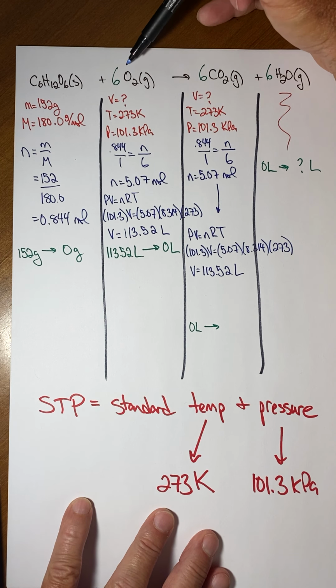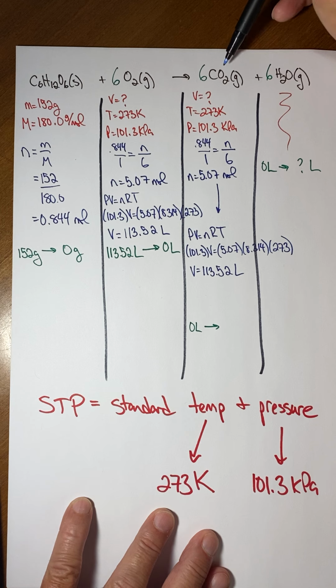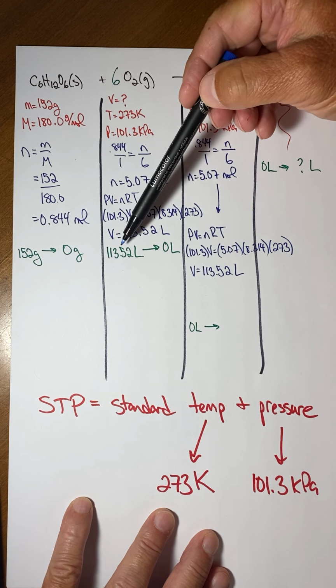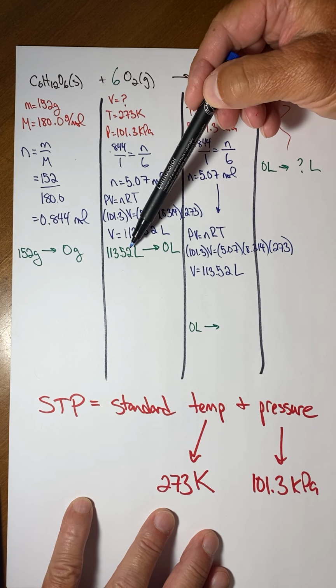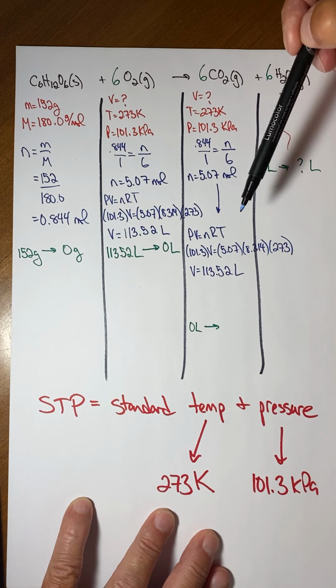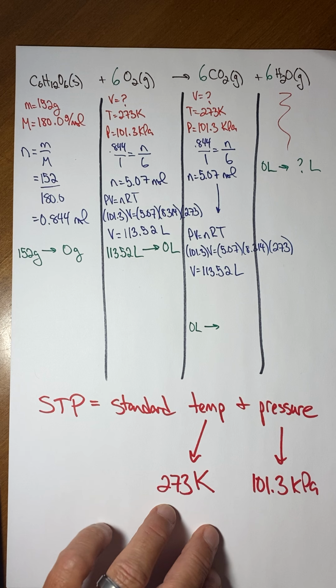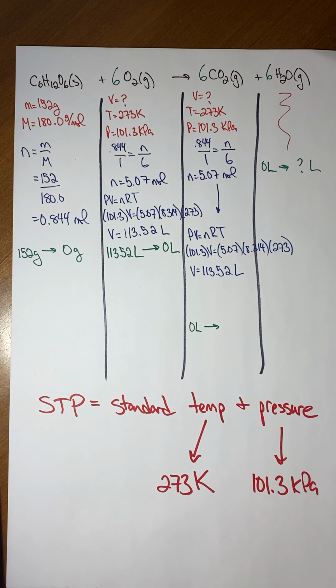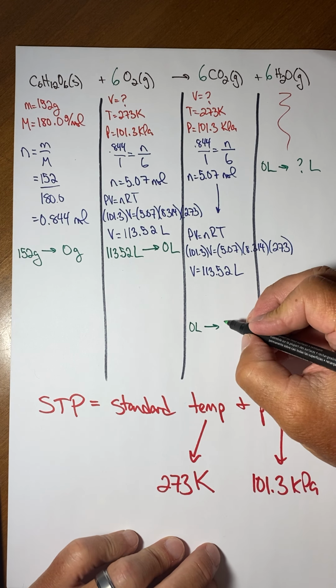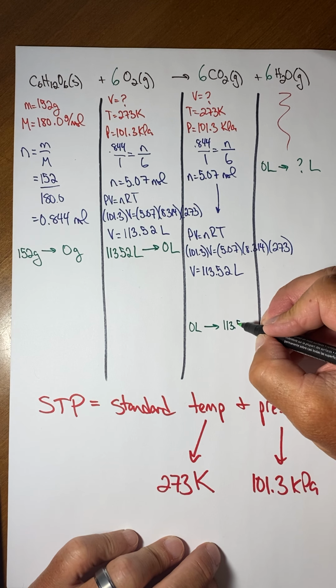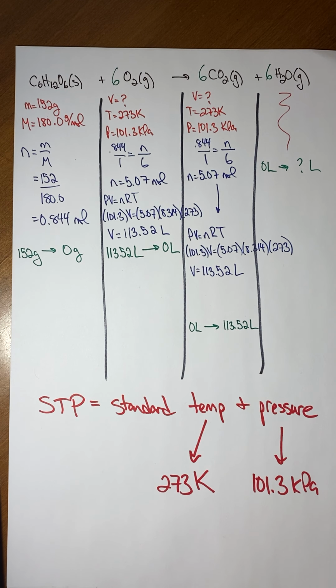Think about it. For every 6 oxygens you're using, you're making 6 carbon dioxides. So if you're going to use 113.52 liters, you're going to make the same amount. It's a 1-to-1 ratio or a 6-to-6 ratio, all right? So I'm going to start with nothing, and by the end, I'm going to make 113.52 liters.